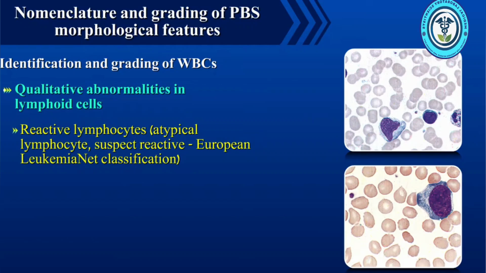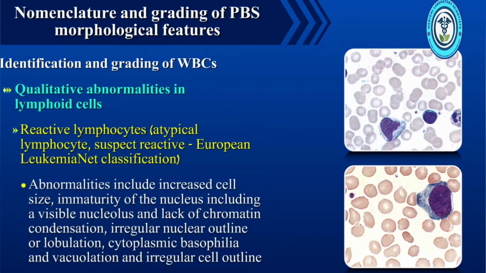Reactive lymphocytes, or atypical lymphocytes suspect reactive according to the European Leukemia Network classification. Abnormalities include increased cell size, immaturity of the nucleus including a visible nucleolus and lack of chromatin condensation, irregular nuclear outline or lobulation, cytoplasmic basophilia and vacuolation, and irregular cell outline.